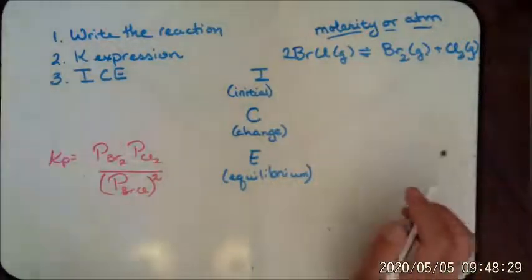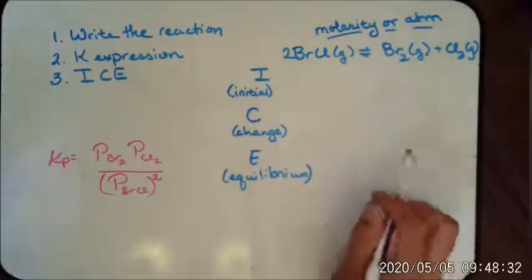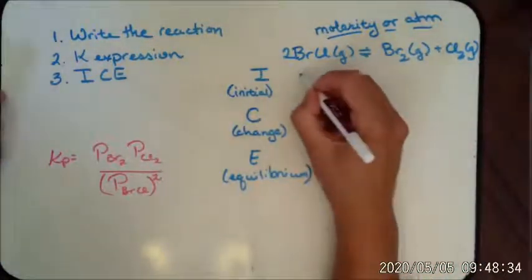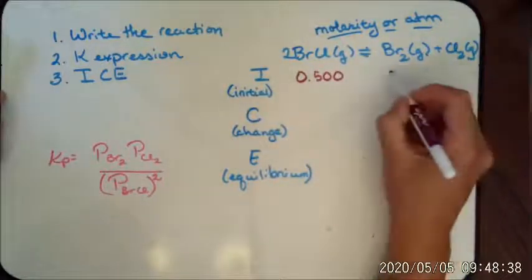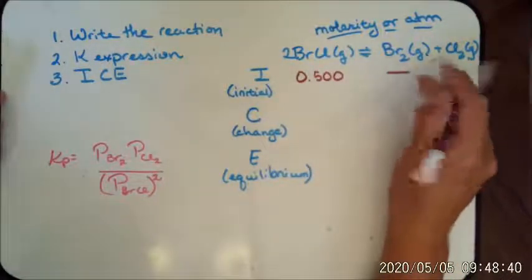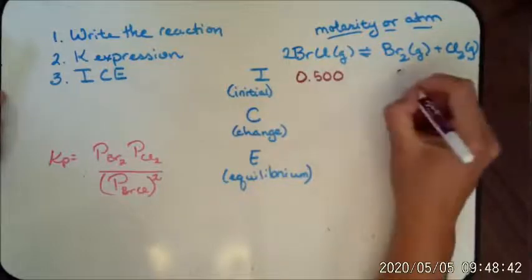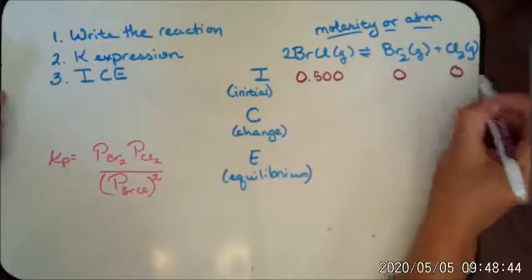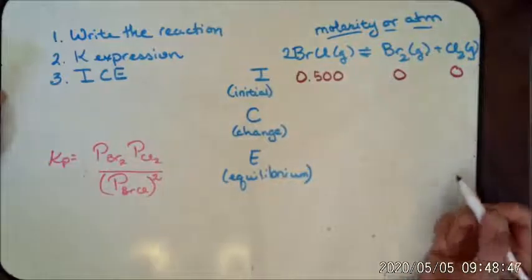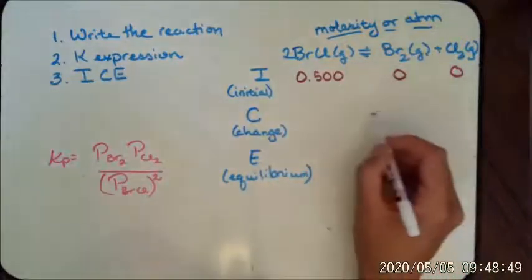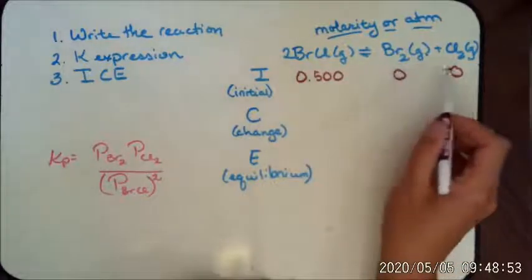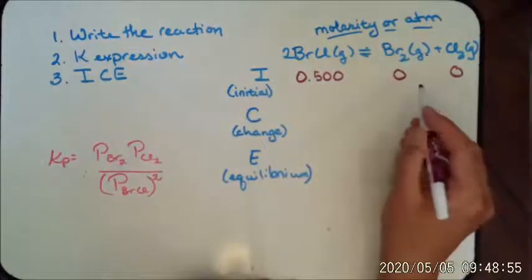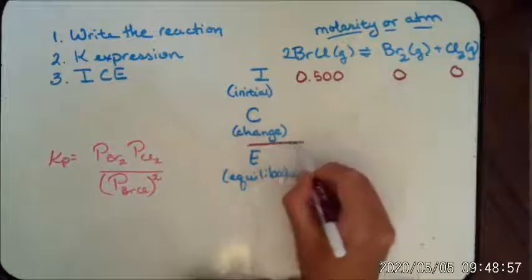So we said my initial partial pressure for my bromine chloride is 0.500 atmospheres. And I'm going to put 0 here, because basically that's what I used to start my reaction. So when I do this, some of this is going to dissociate and form bromine and chlorine. So how much?